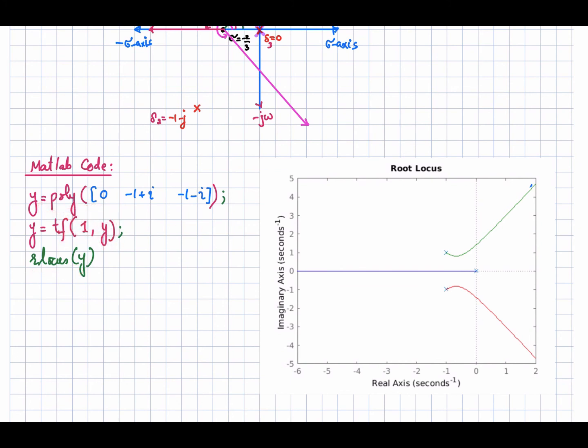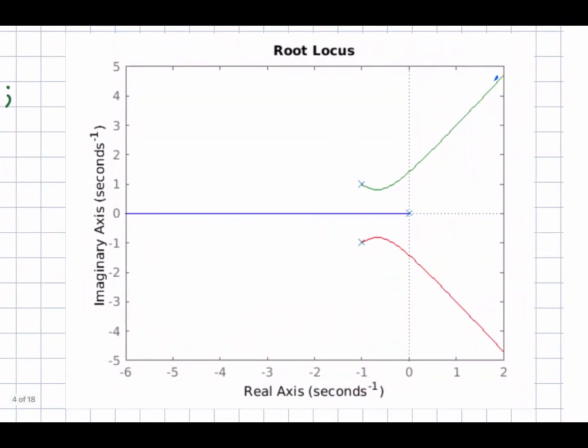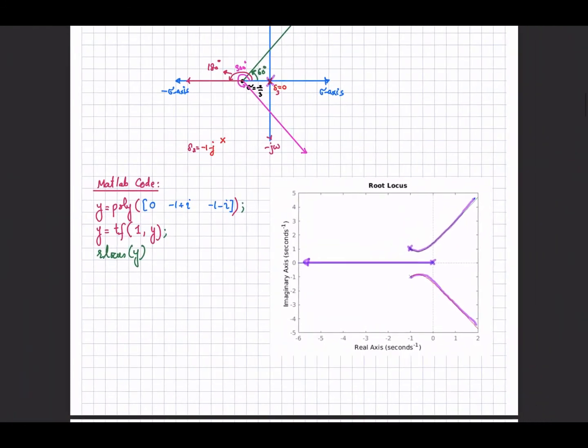Now if you look at this, here you can see the poles over here are taking this path towards infinity. Similarly over here, taking the path towards infinity, and the pole that was sitting at the origin is moving toward infinity along this asymptote. Now compare it with the one that we sketched.